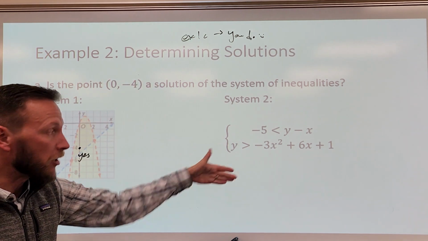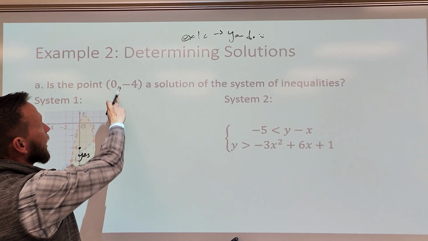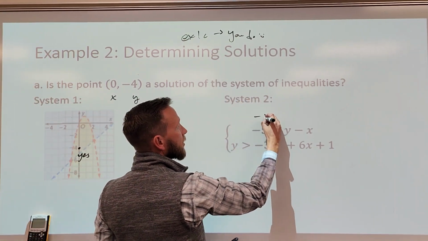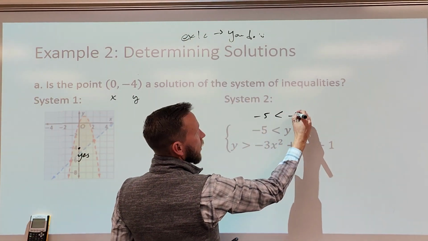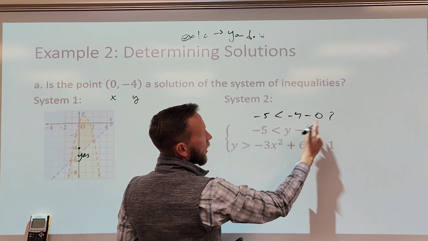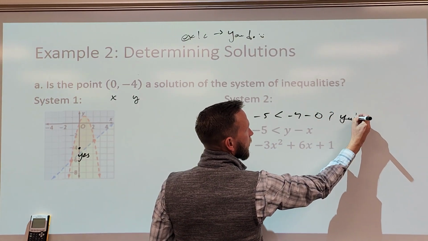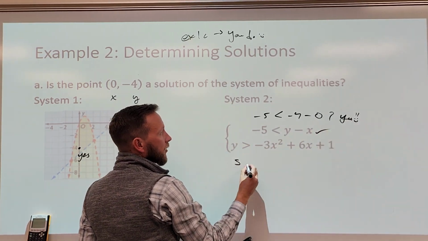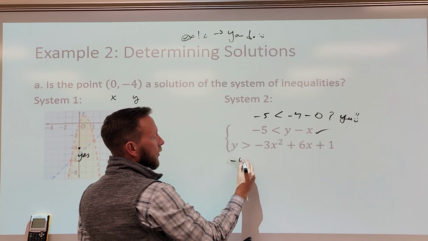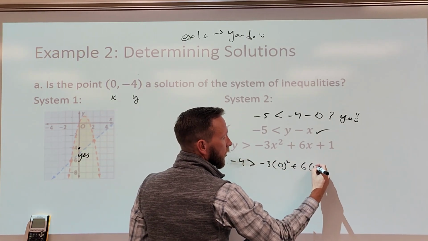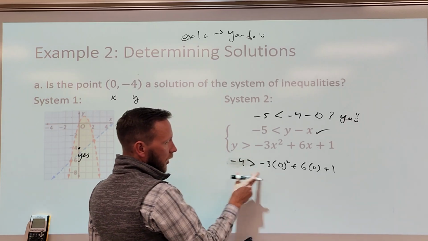If you don't have a graph, then you can plug in the x value and the y value into your equation. Is -5 less than -4 minus 0? Is -5 less than -4? Yes, it is. So that works. Check. Over here is y greater than -3 times 0 squared plus 6 times 0 plus 1.